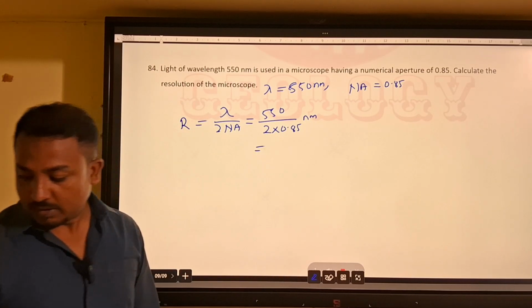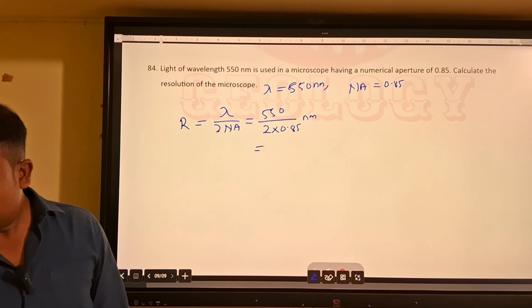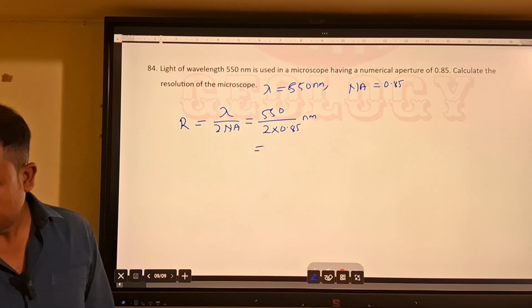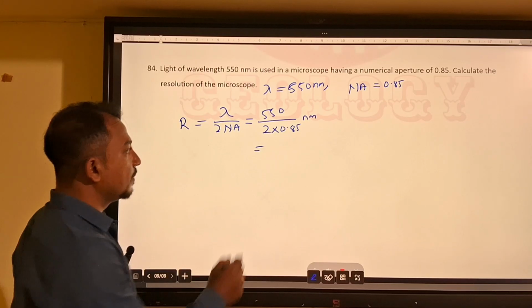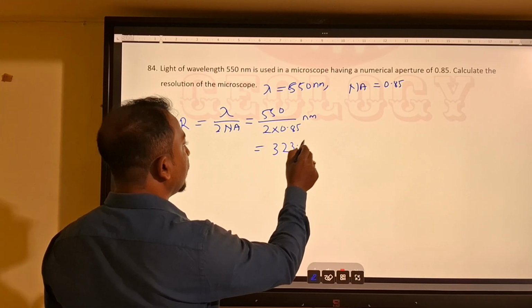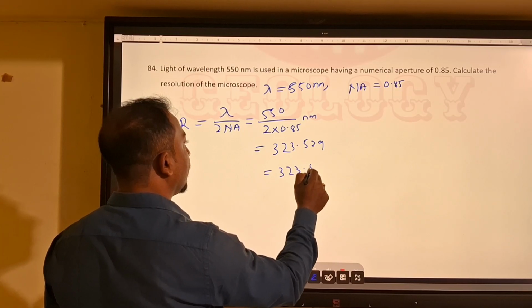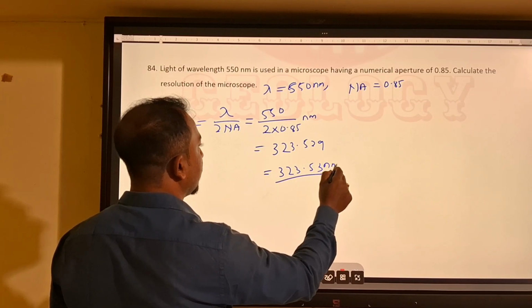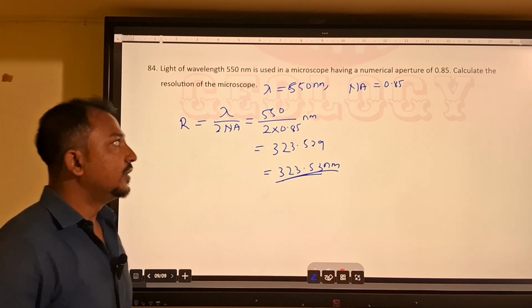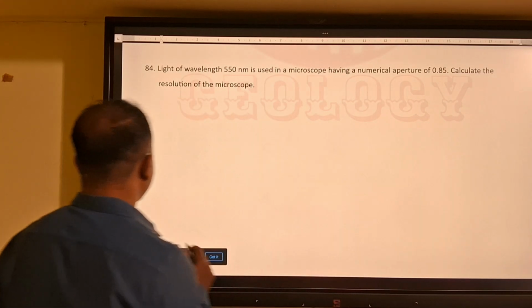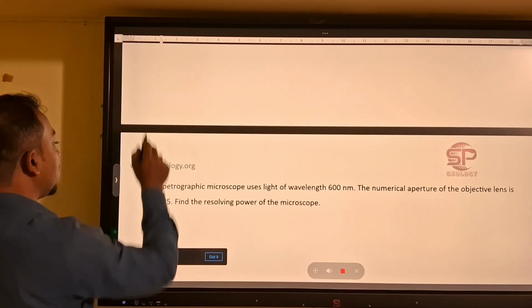It will be 323.53 nm. So remember this formula, so you can easily solve this type of problem.